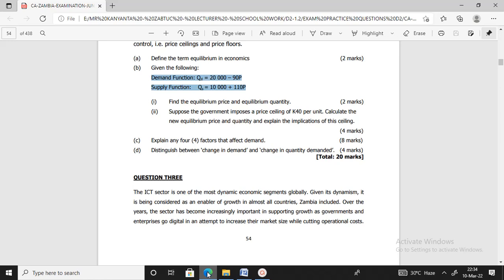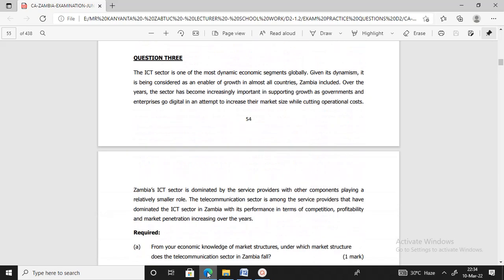The ICT sector is one of the most dynamic economic segments globally. Given its dynamism, it is being considered as an enabler of growth in almost all countries, Zambia included. Over the years, the sector has become increasingly important in supporting growth as governments and enterprises go digital in an attempt to increase their market size while cutting operation costs.